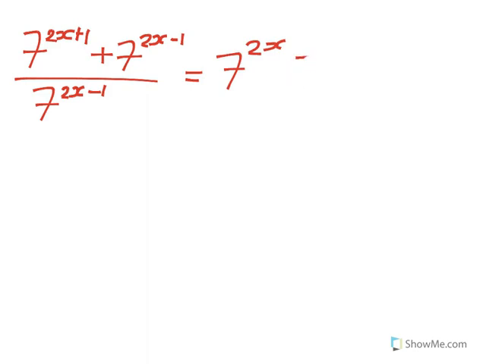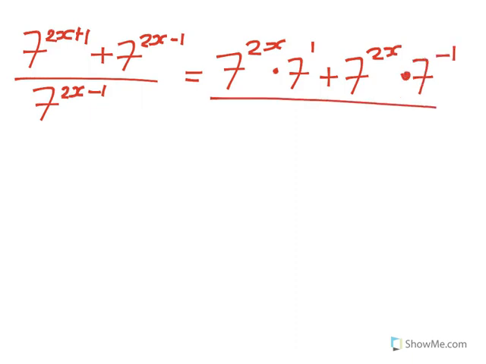Usually in exponents we use a dot, so 7 to the power 1, dot is the same as times, plus 7 to the power 2x dot 7 to the power minus 1, all over 7 to the power 2x dot 7 to the power minus 1. This is the split method I was talking about.